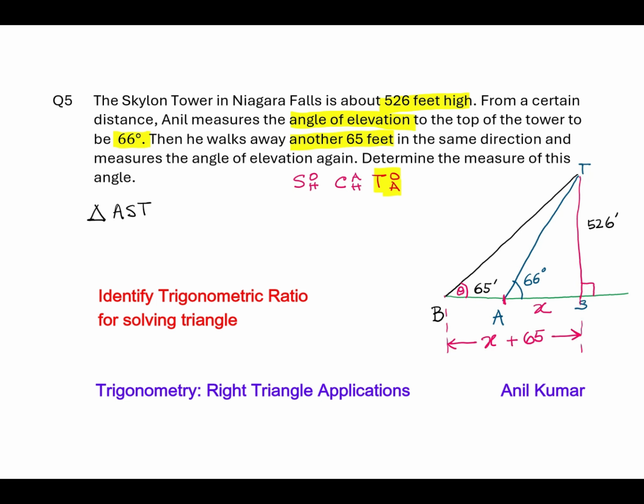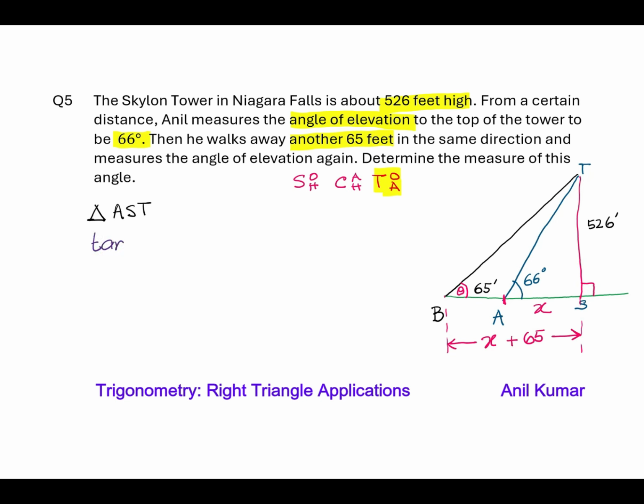So we can write down that tan of the angle of elevation 66 degrees is equal to opposite side of 526 divided by the unknown length which we want to find as x, correct? Cross multiply to find the value of x. So x will be 526 divided by tan 66.